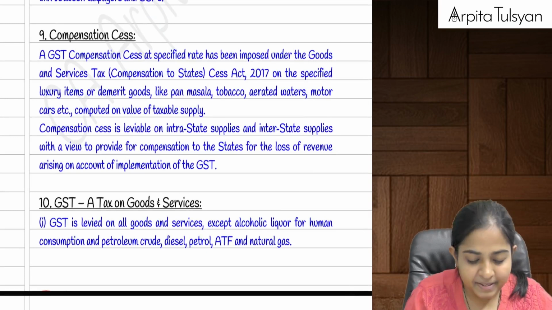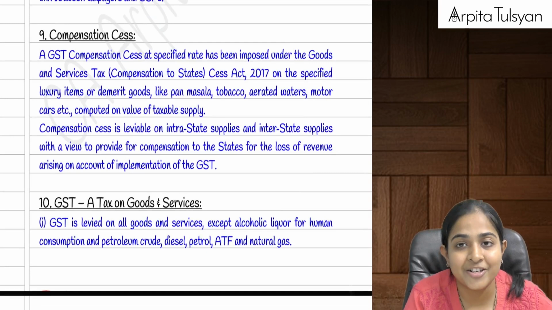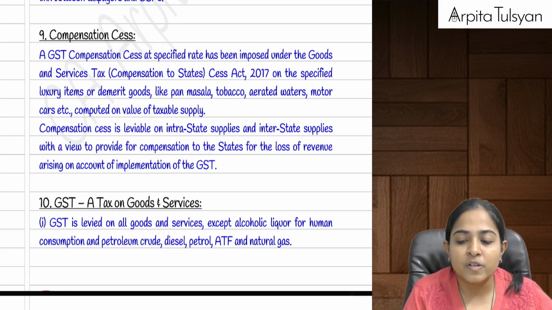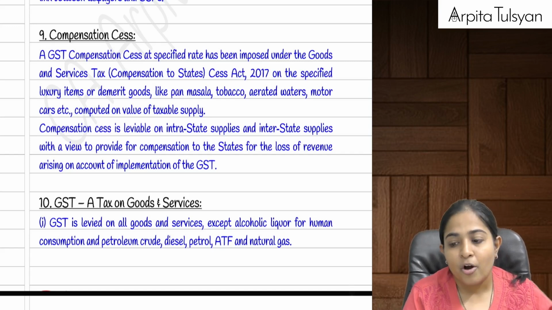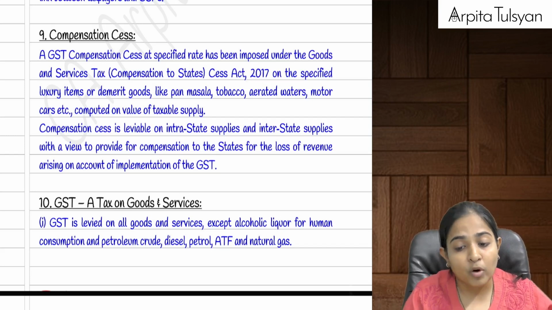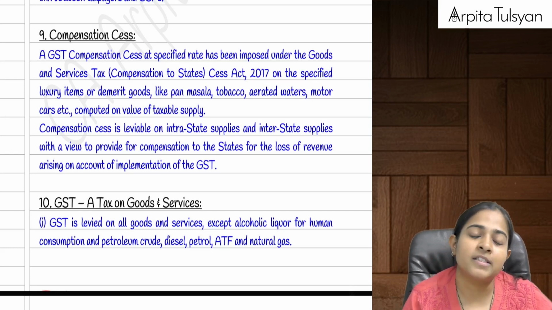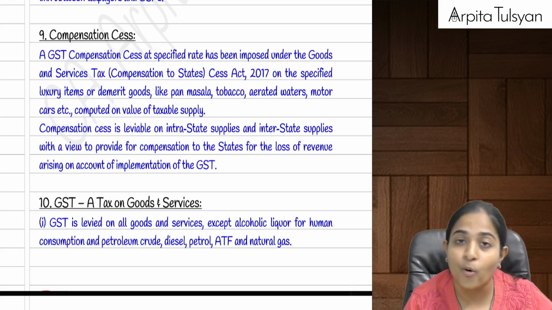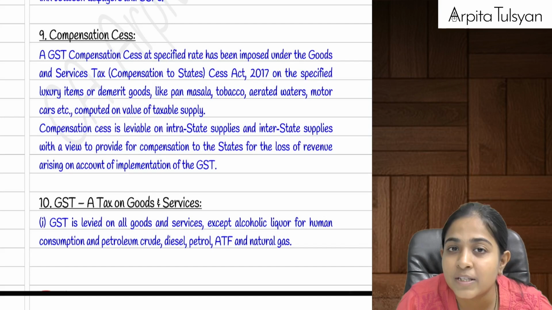Then in between, we had studied about this Compensation Cess Act. Earlier, as we discussed, the power to levy taxes on goods was only with the states. Now the power to levy taxes on goods and services is being given to both the center as well as the state. So the state is going to lose out on some revenue.